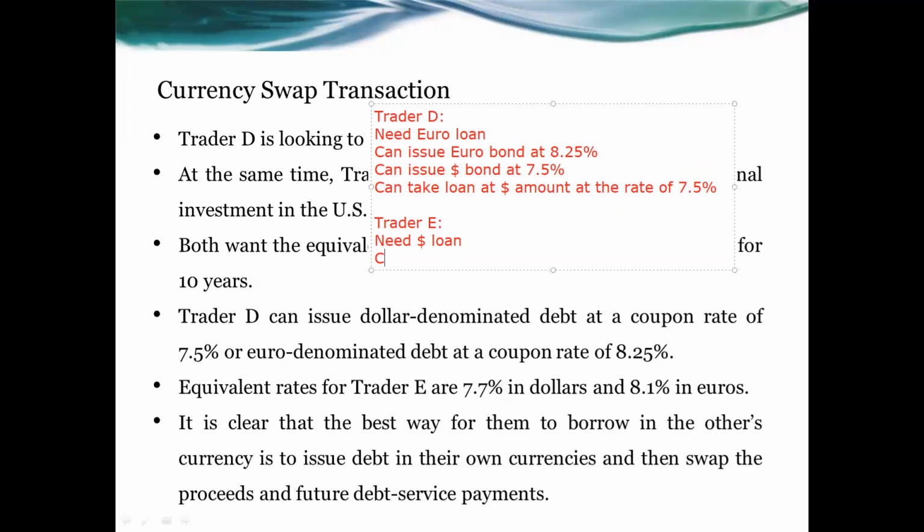Trader E can issue a euro bond at 8.1%, and can also issue a dollar bond at 7.7%.